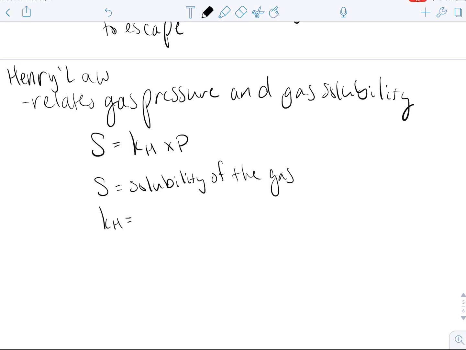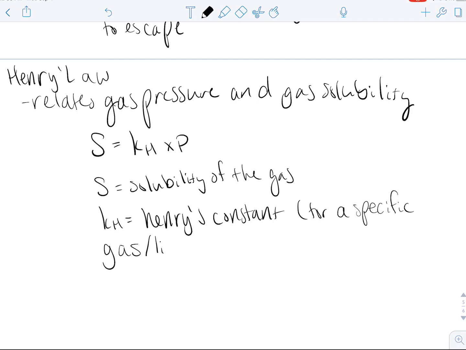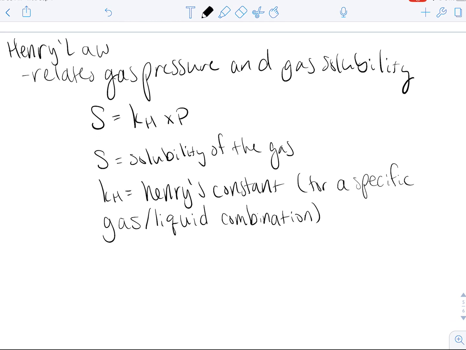KH is Henry's constant, and this is going to be for a specific gas-liquid combination. If you change your gas or your liquid, the Henry's constant is going to change. Our last thing is P, which is the partial pressure of our gas.